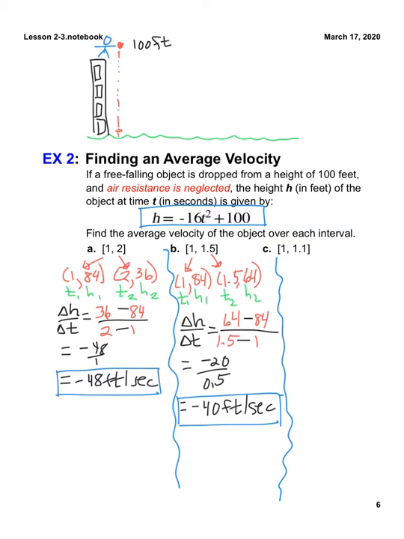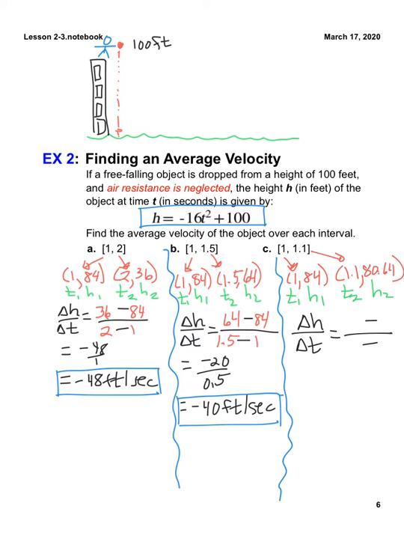Let's find our ordered pairs. So for 1, as we've had all along, we have 84. So that's the same as all of them. And then for 1.1, plug that in, you get 80.64. So we have our t sub 1, h sub 1, t sub 2, h sub 2. And so our change in h over our change in time.